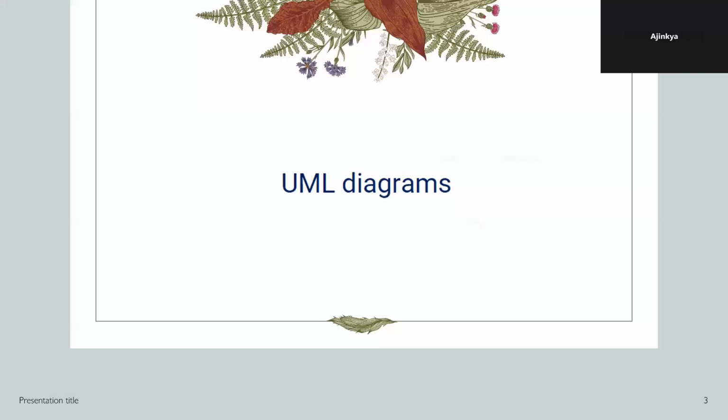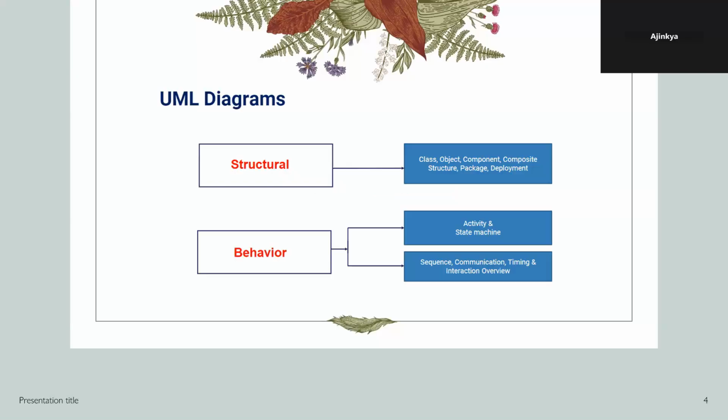There are two types of diagram here: one is structural, another is behavioral. It looks theoretical, but at the end of the presentation, all the dots will connect. Structural consists of class, object, component, composite structure, package, and deployment.